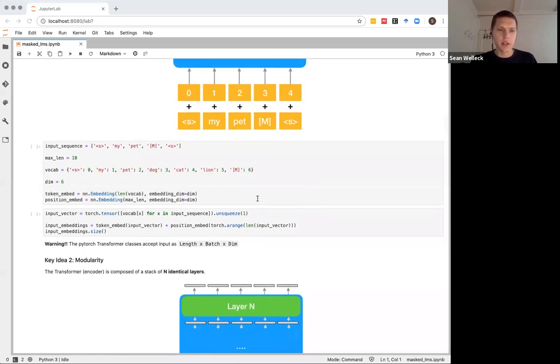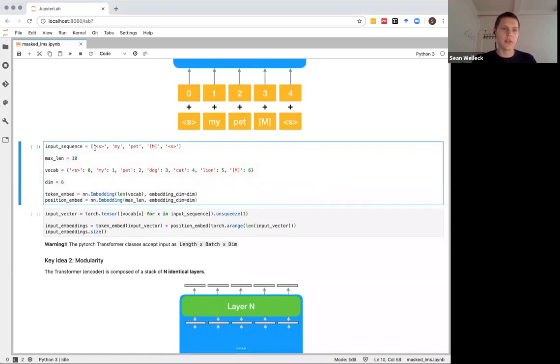So we can actually look at a concrete example of this. Here is an input sequence: beginning of sentence, my pet, mask, and this other token. They just use the same representation here, actually in BERT, for beginning and end of sentence.